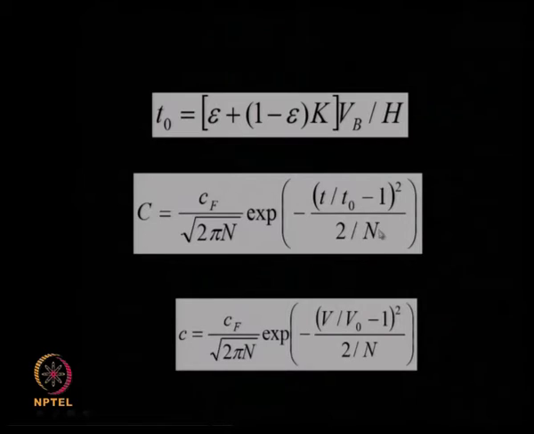Here we have the number of theoretical stages, the feed concentrations, the elution time coming into the picture, and the concentration on the left hand side. So these equations can again be used for design calculations, as we are going to see in some more problems as we go along.